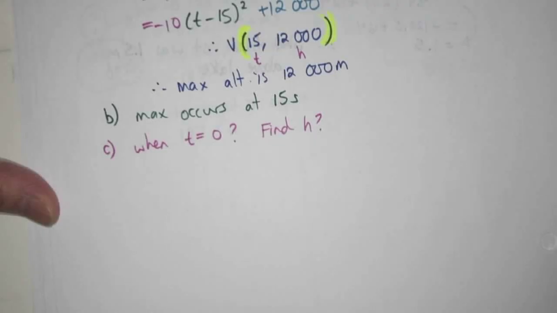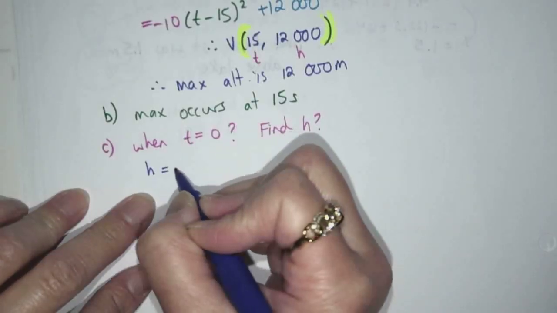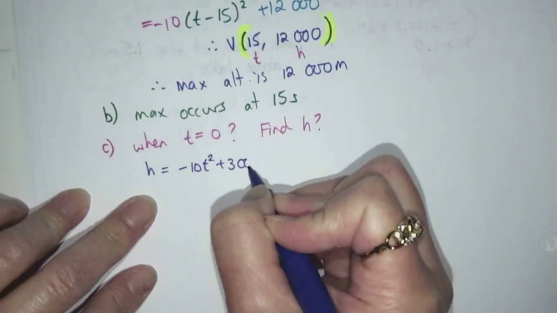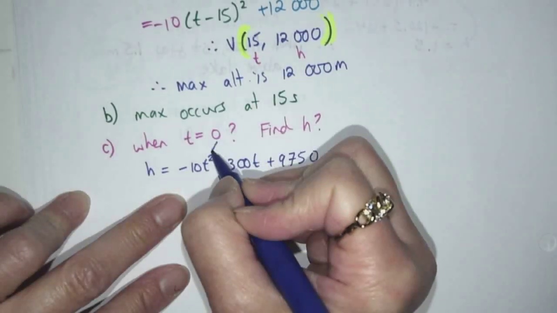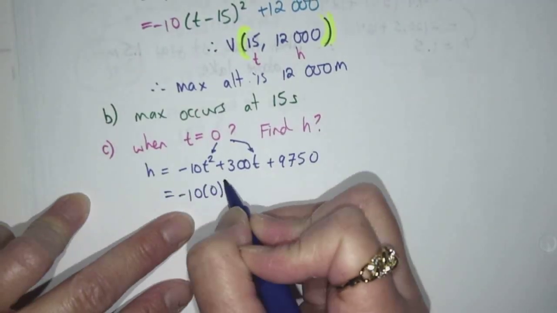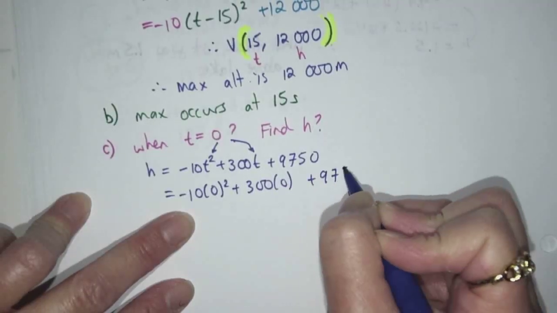So let's take that and sub it in. So t equals 0. Let's grab our equation. We can grab the original one: negative 10t squared plus 300t plus 9750, and we're just subbing in 0 wherever we see the t. So this will be negative 10 times 0 squared, 300 times 0, plus 9750.